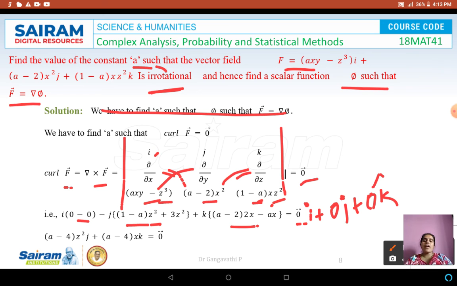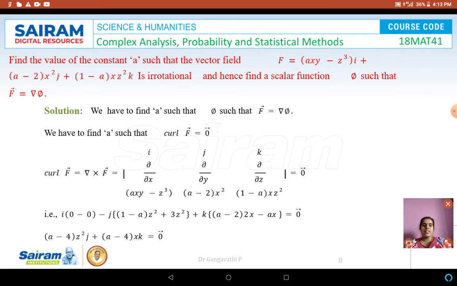Now you can compare on both the sides. When we compare, the i component is 0. The j component is, here we have this term, and on the other side we have 0. So a minus 4 into z square plus 3z square is equal to 0. And multiply this 2 inside the bracket and take a minus 4 into x into k is equal to 0 vector.